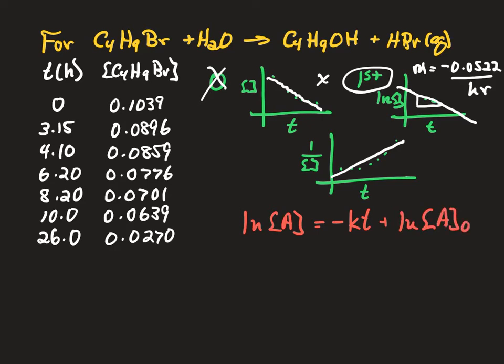So the slope is equal to the negative of the rate constant. Therefore, k is equal to 0.0522 per hour. And that's the rate constant for that first order process given in the proper units.